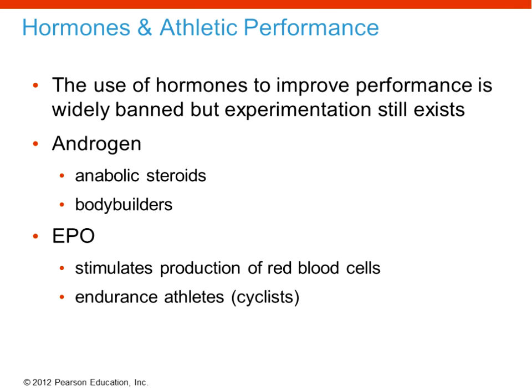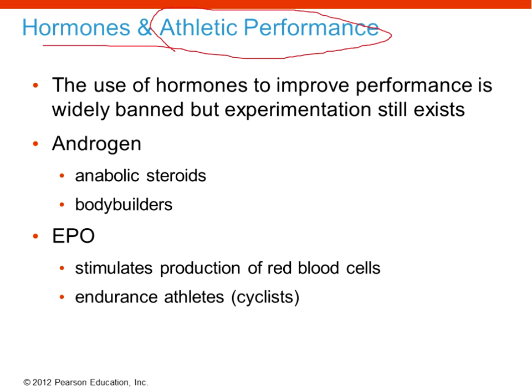And then hormones can also impact athletic performance, which obviously isn't as important as these essential functions of growth and development. But you've all seen anabolic steroids used for bodybuilders, or unfortunately, for baseball players, like Mark McGwire, who admitted to using hormones to increase his muscle mass and muscle strength.